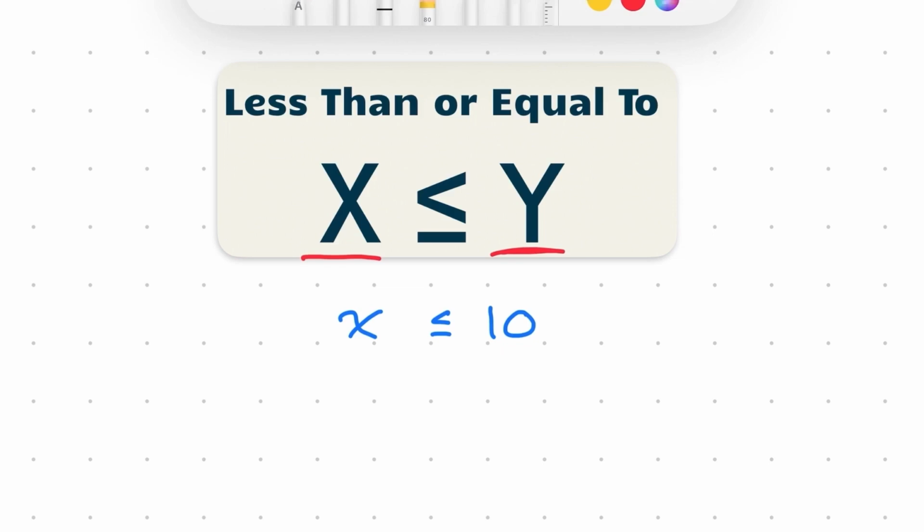And remember that this is true because it is less than or equal to. Another example would be 1 is less than or equal to 3. As we know, 1 is smaller than 3, and therefore this inequality is also true.